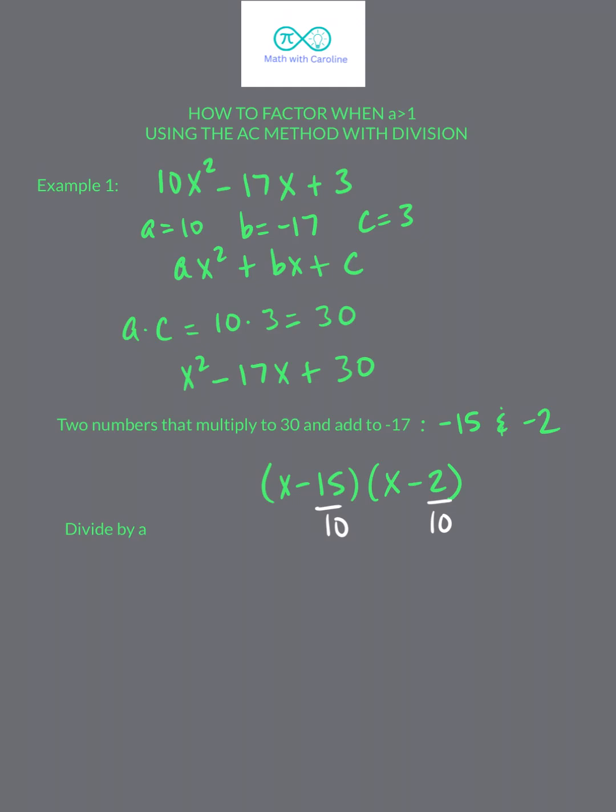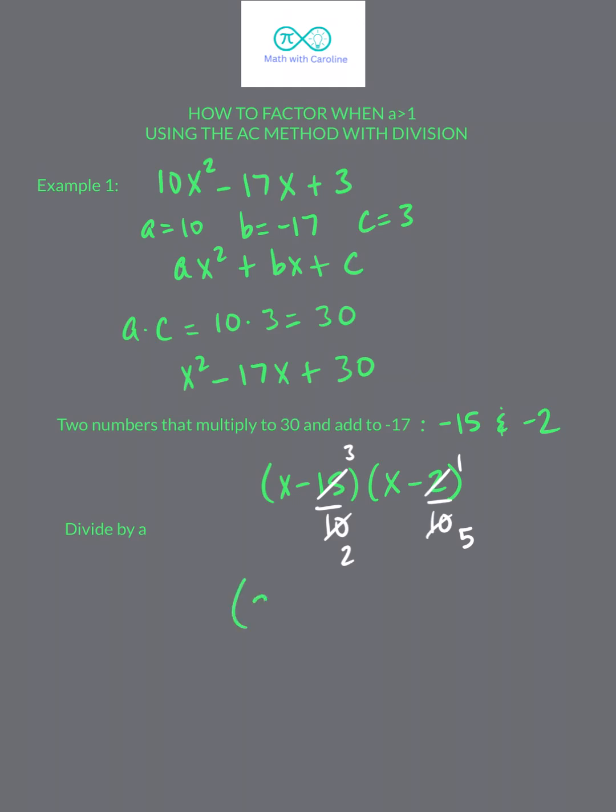When we do that, we have to simplify. So 15 divided by 5 is 3, 10 divided by 5 is 2, 2 divided by 2 is 1, 10 divided by 2 is 5. So you have to get these fractions in simplest form. Then you are going to put this number that's in the denominator back in front of the x.